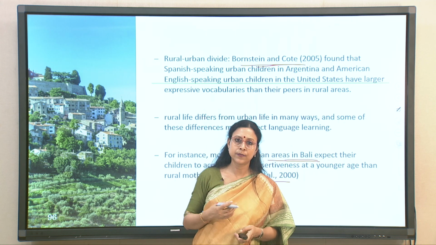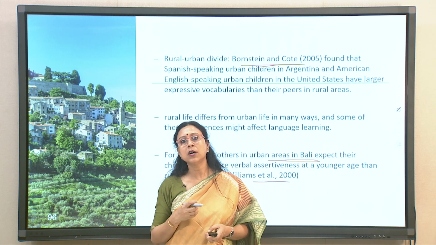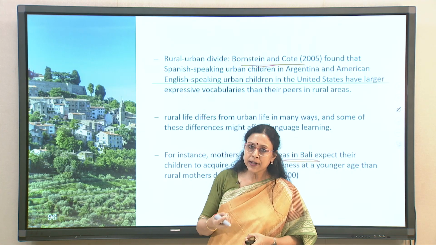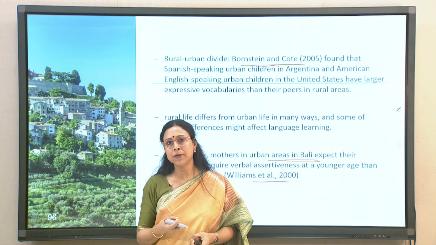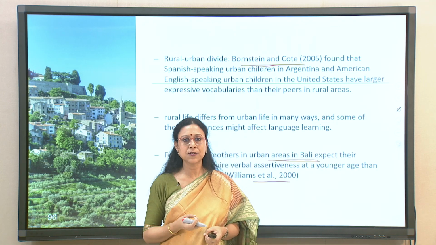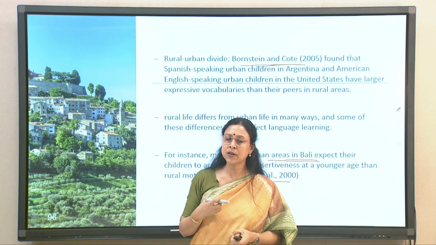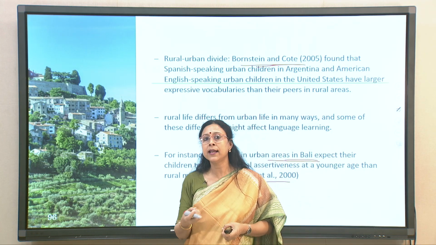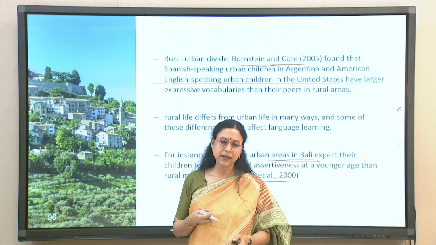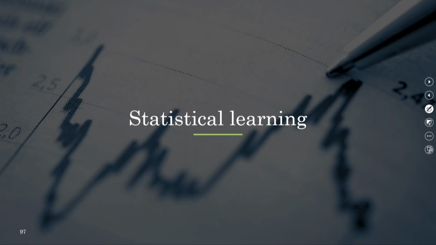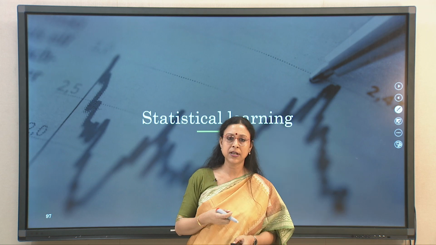Nowadays, you have various kinds of programs for children to be confident speakers, stage speakers and so on, but in certain cultures it is already embedded. This is one such case where mothers want children to be verbally assertive, and as a result the children are found to have better expressive vocabulary. So, that is about geography having an impact on children's language acquisition.